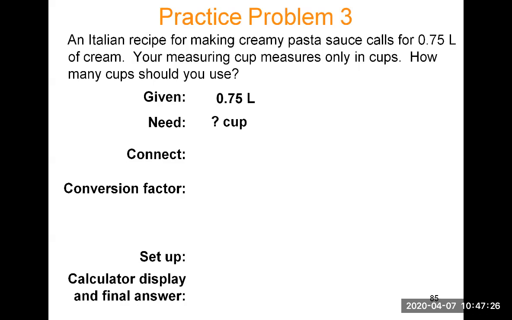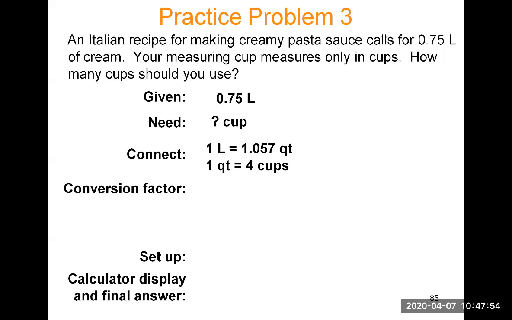system unit. So now let's look at the US to US conversions. Let's see if there is a quart to cup. And yes, we have 1 quart equals 4 cups. So we can use those two conversion equalities: 1 liter equals 1.057 quart, and 1 quart equals 4 cups.